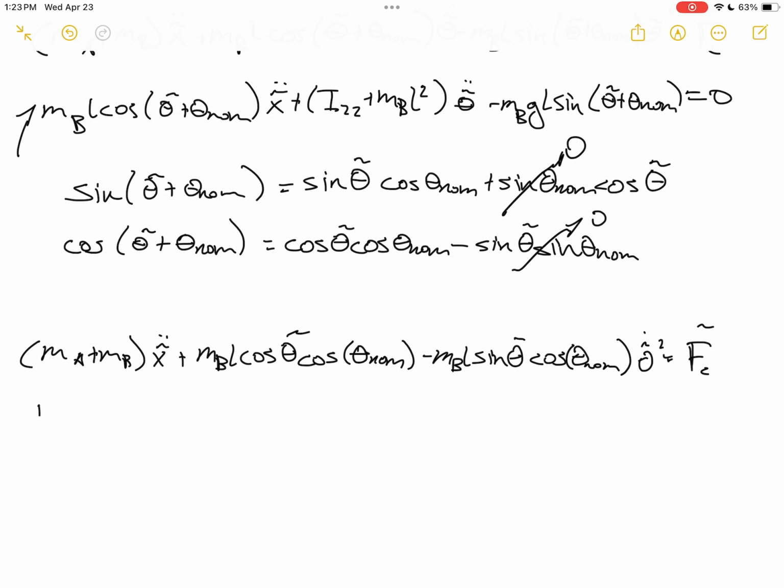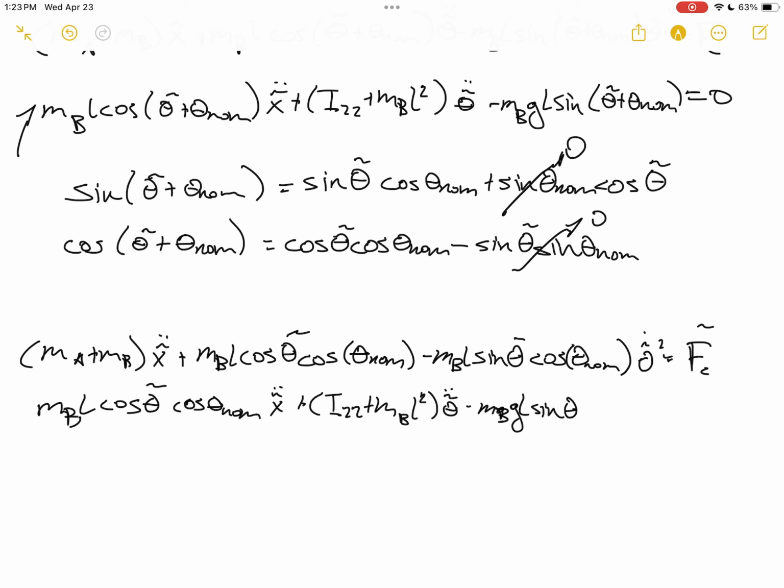And the second equation, MBL cosine theta tilde cosine theta nominal multiplied by x tilde double dot plus IZZ plus MBL squared theta tilde double dot minus MBGL sine theta tilde cosine theta nominal is equal to 0.